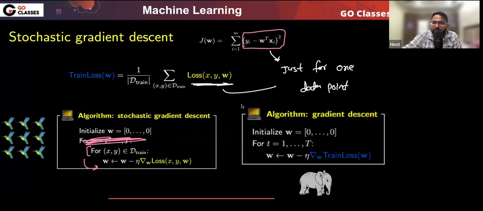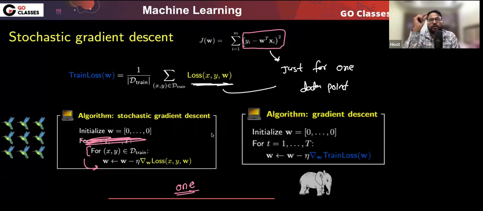I'm saying one data point. Only one. You're just taking one data point and updating your W. So you're updating your W without seeing all the data. Is this fine? What does this intuitively mean?